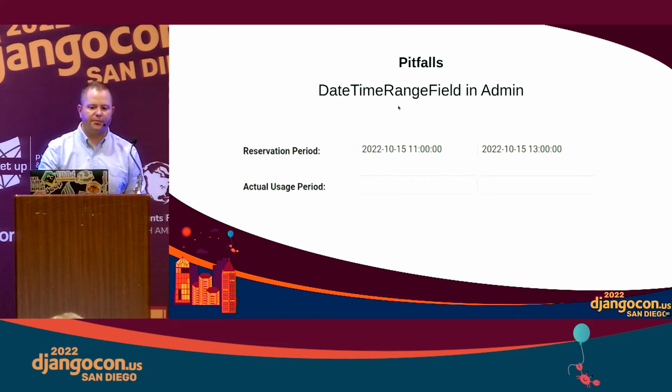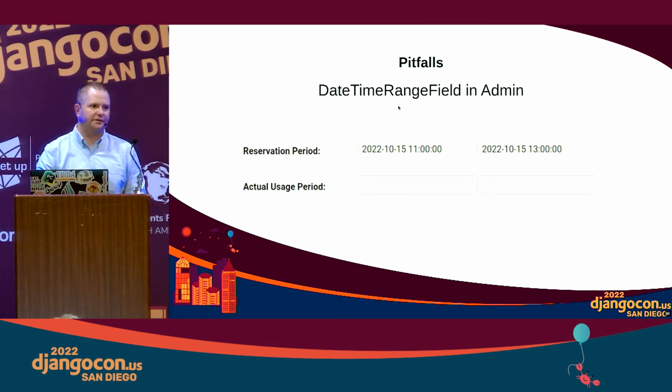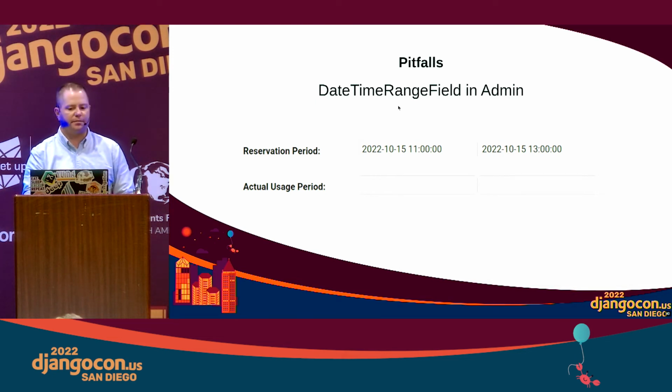There are some pitfalls when it comes to using ranges. Support in the Django admin is not really great, and there's actually a ticket open that talks about that. The concern was that modifying Django admin to bring in contrib Postgres content would be problematic and kind of mixing things that maybe shouldn't be mixed.